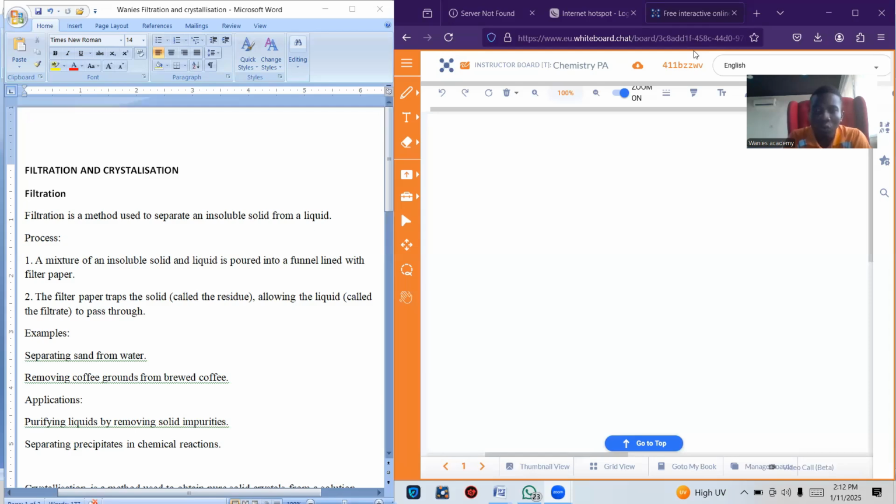Let's look at an example. If I add sand and water together, can sand be soluble in water? I know the answer is no. So, for example, I have sand plus water.